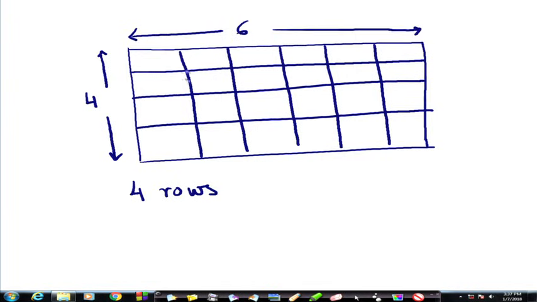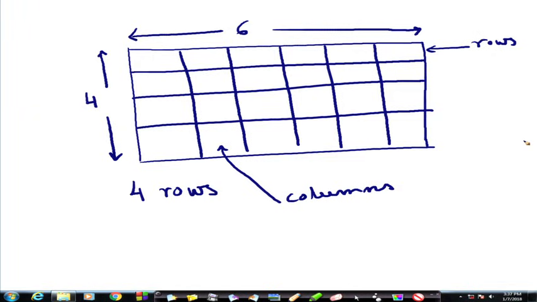So, these are called columns, and these are called rows. So, here I have got two dimensions, one is the length, that is 6 columns, and the breadth, which is 4 rows. Since there are two dimensions, it is a two dimensional array.